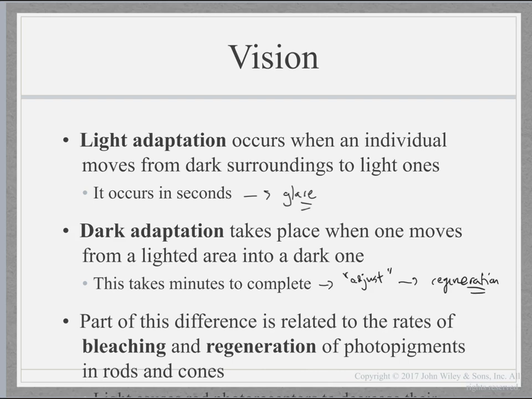It takes time for retinol isomerase to convert transretinol back to cis-retinol, and then cis-retinol making its way back over to opsin and forming that dimer again. It takes minutes, which is why our eyes have to, in parentheses, adjust to the darkness. So now the final bullet point kind of explains that. Part of this difference is related to the rates of bleaching and regeneration of photopigments in rods and cones.